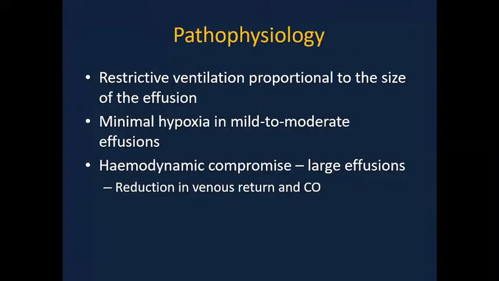The pathophysiology of pleural effusion is related to restriction of ventilation, and the greater the amount of fluid, the greater the restriction. Also, if you have rapid accumulation of fluid, then the restrictive ventilatory defect is going to be much more pronounced.